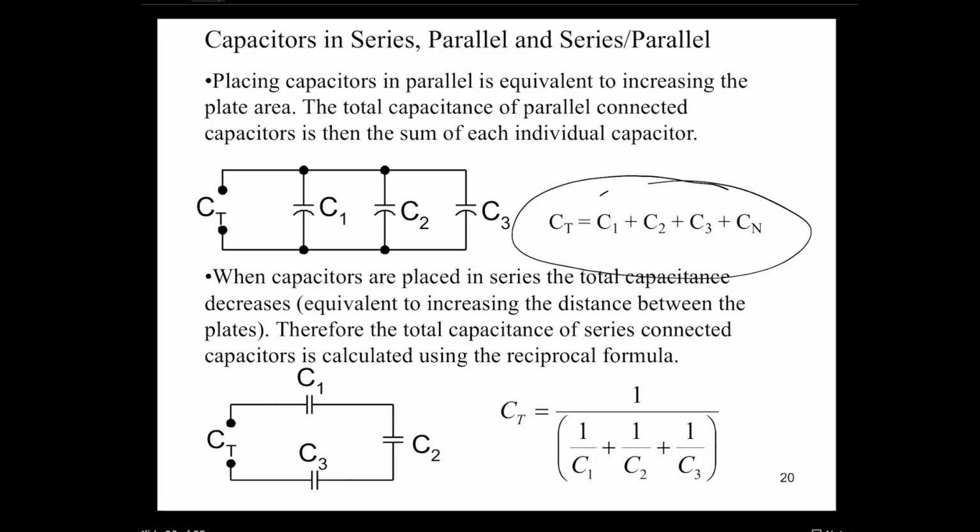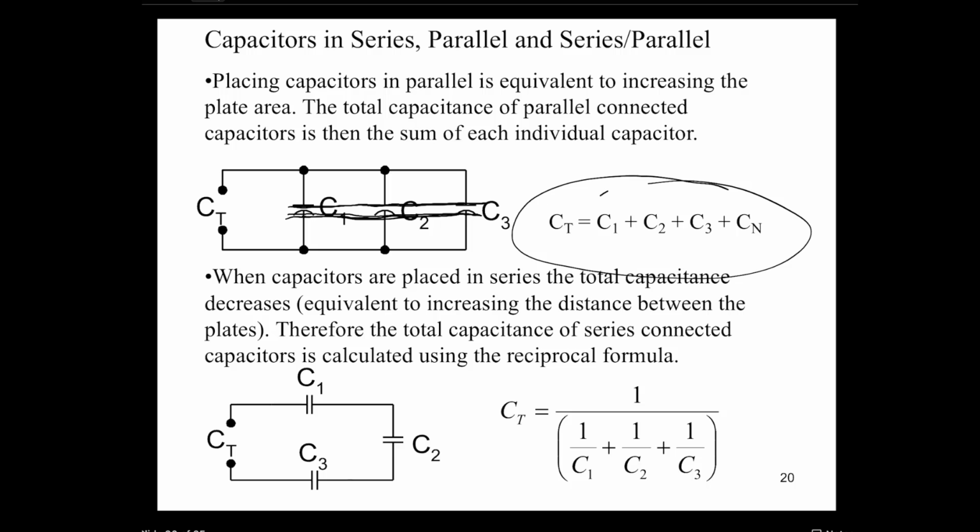Now, you can look at your formula sheet, you can say to yourself it's the opposite of inductors, so I'll just remember it that way, whatever you decide. But one way that I look at this is I think about these 3 parallel capacitors, and in a lot of ways you could say, well, in connecting them in parallel, what you've done is increase the plate area, right?